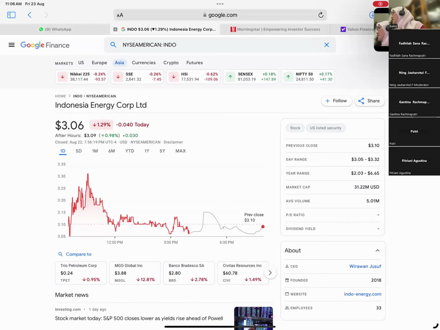What kind of data? Can someone write down when you experienced collecting the closing price? What kind of closing price did you collect?